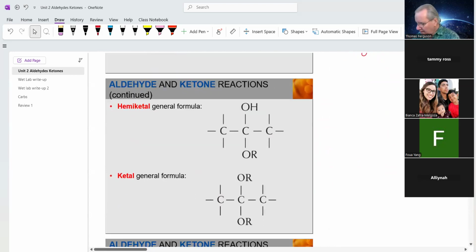And then if you start with a ketone rather than an aldehyde, you're going to end up with this, which is where the H would be. Instead of an H, we have a carbon. Hence, it's going to be a ketal because it came from a ketone. Now, some books don't generalize.